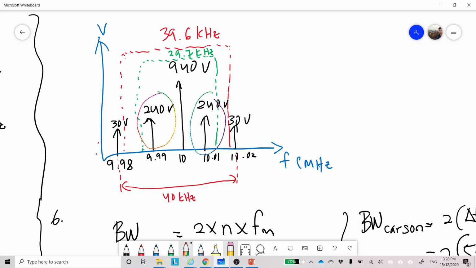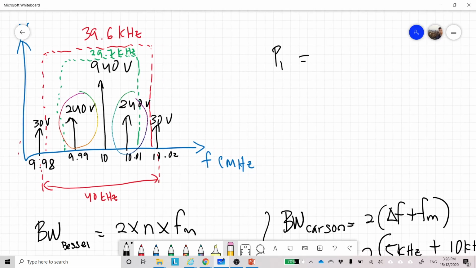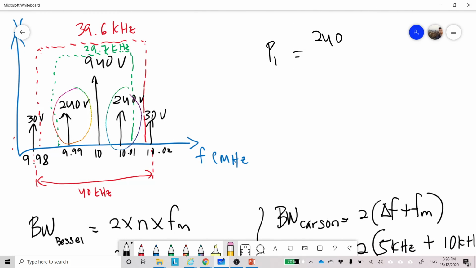Okay, the first sideband. So therefore, power in the smallest sideband, which is the P1 actually, is equal to 240 square divided over 2R. Okay, R here is 50.